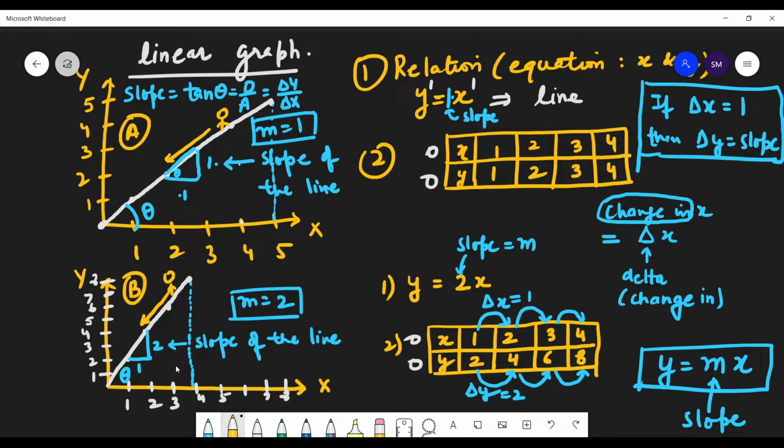Case B. So it has more slope. Slope is nothing but, it's very easy to tell: if I am sliding, where will I come down faster? So that is the slope.